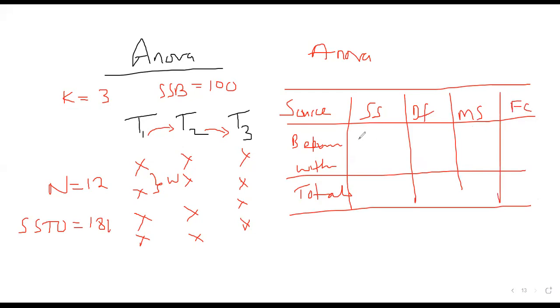Here we call this sum of square between. Here we go, sum of square within. Here we call it the sum of square total. And here it is K minus 1. Here it is N minus K. And here it's N minus 1. These are the formulas.